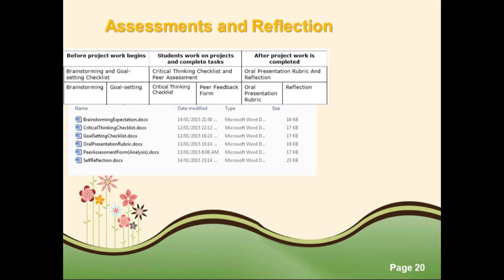And after the work is done, we assess the students' degree of success by looking at the oral presentation rubric and allow them to voice their opinions through the reflection form. I have provided a variety of assessment methods, so we'll be actively in charge of the students' progress within the unit, and the assessments are designed for multiple tasks.